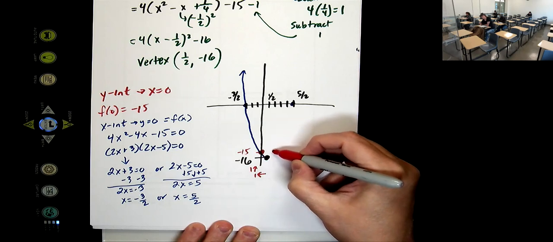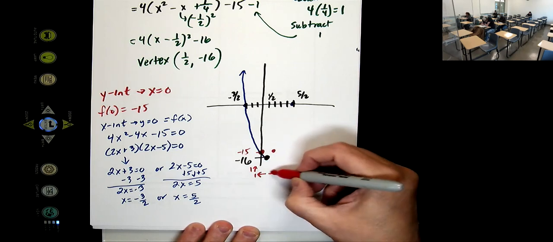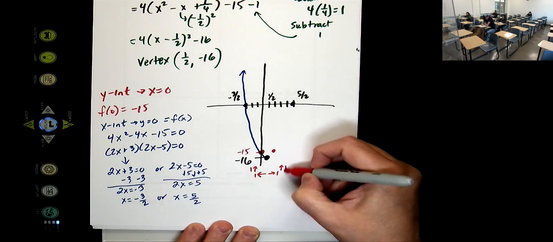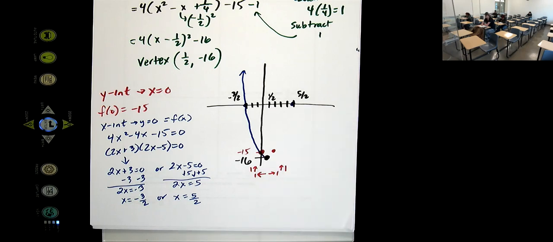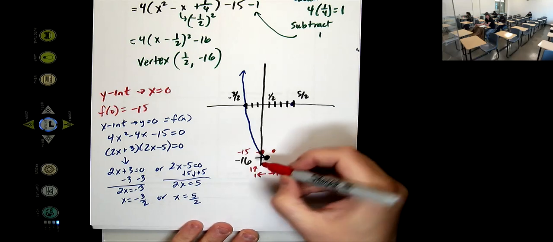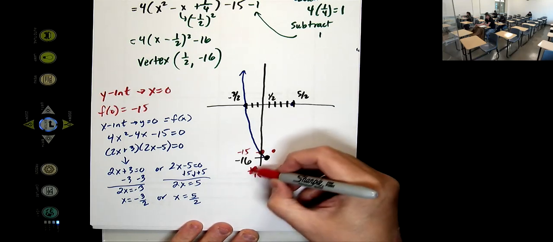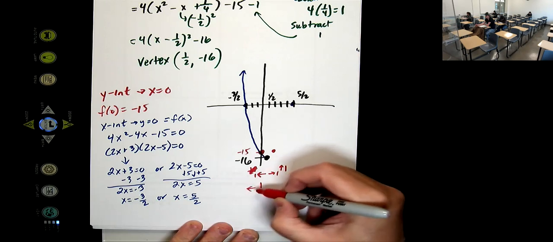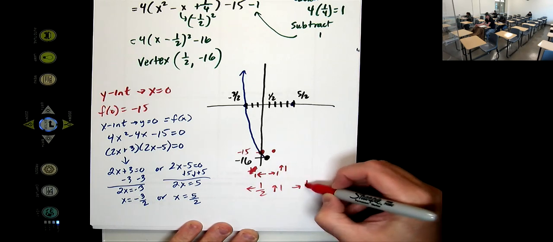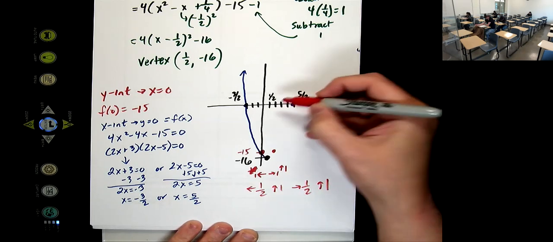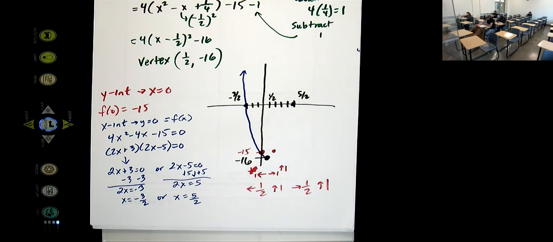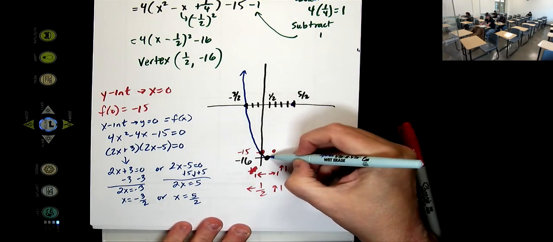I can do that same thing on the right. So I can go right 1 and up 1. That's not right 1, that's right 1/2 or left 1/2. So right 1/2 and up 1. Which is fine, I have these scaled as 1/2. And then it makes it a little easier to do this side of it as well.